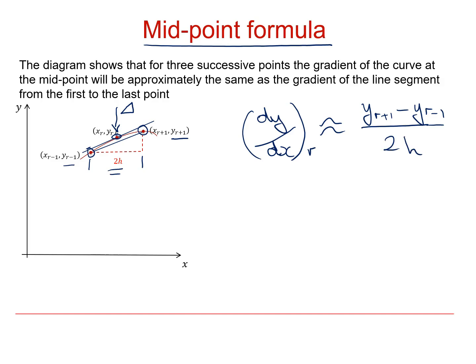If we rearrange this to make the point that we're estimating the subject, yr plus 1 is approximately equal to yr minus 1 plus 2h times the gradient at the midpoint.